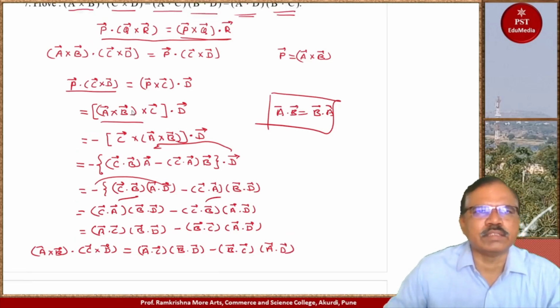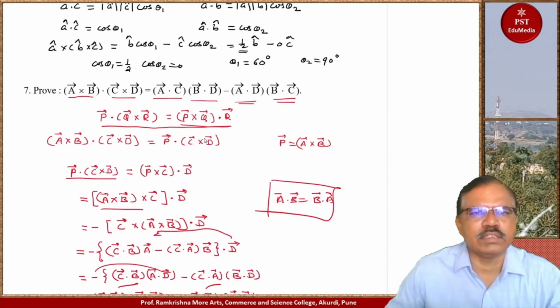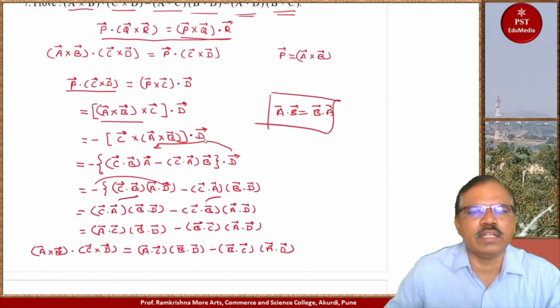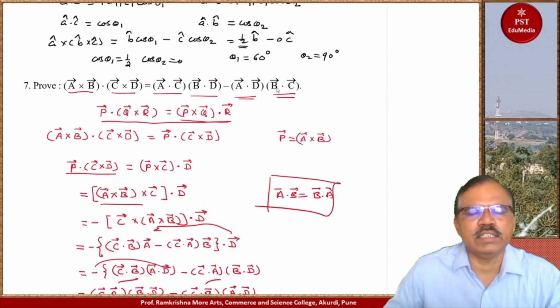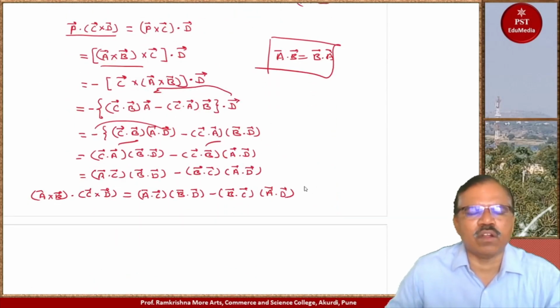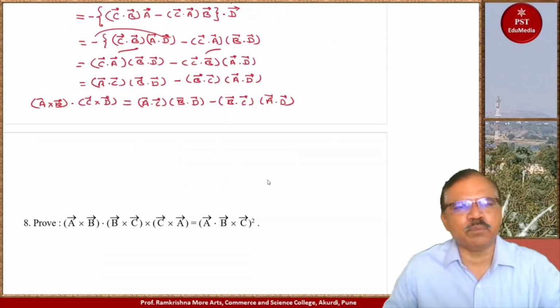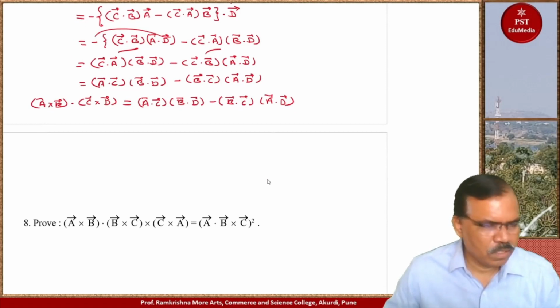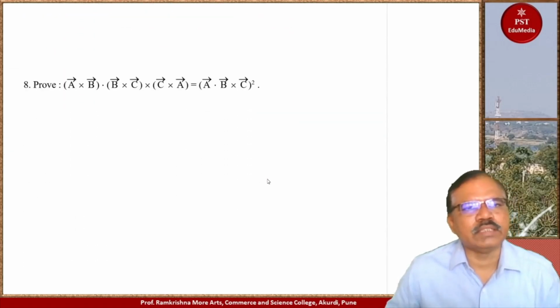We have to prove this. So here A dot C, B dot D minus B dot C, A dot D. So this is the proof. Now we will go to the next one.